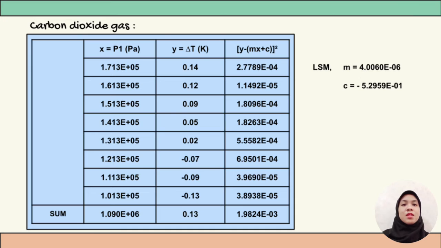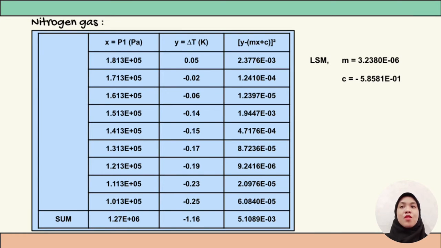Then I use the least squares method to determine the best fitting line for our data points. For the nitrogen gas data, I also apply the same way, where the value of pressure is the total of the experimental pressure value and atmospheric pressure value.